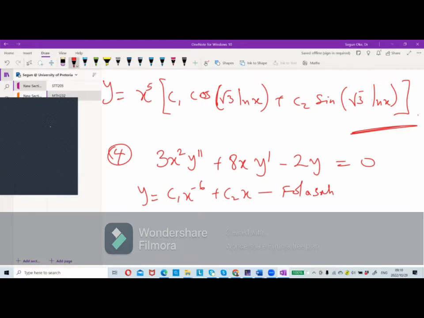Any other person? I got C1 x to the power 1/3 plus C2 x to the power minus 2. So I got the same answer as Ibrahim. You got the same answer as Ibrahim, Kausara? Okay.